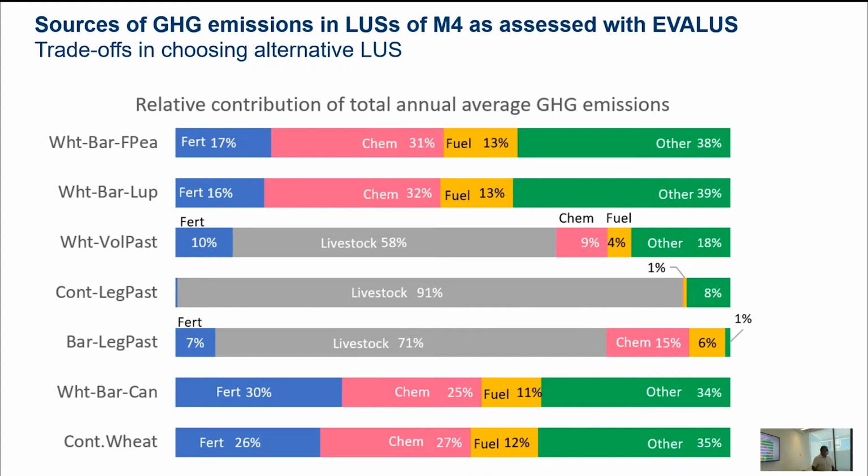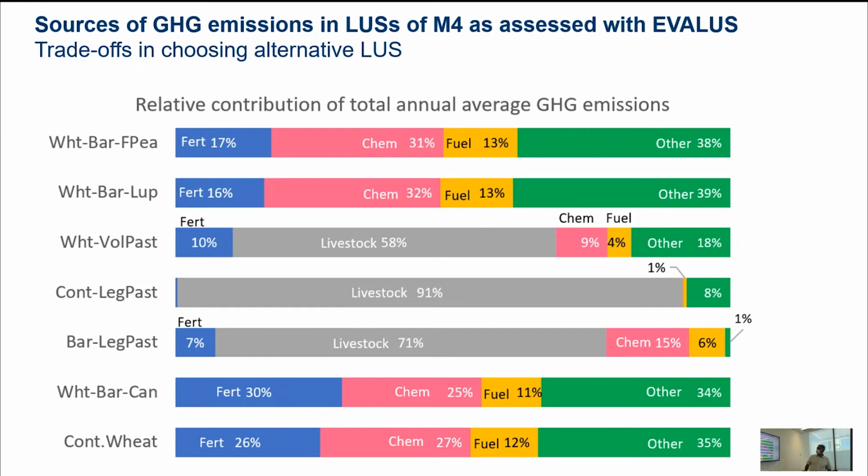For continuous legume pasture, 91% of the emissions come from livestock, this one in the middle. Whereas if you grow wheat, barley, field pea, there is no livestock in that particular growing season. And then fertilizer, chemical, fuel, and other things are part of the mix of greenhouse gases.